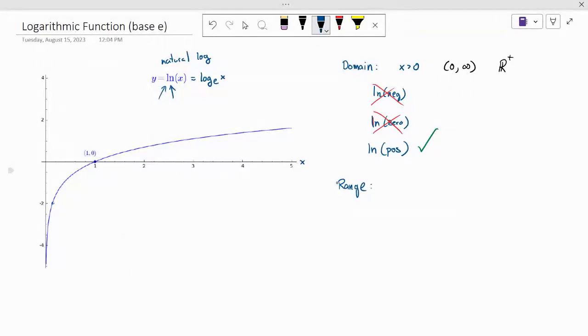For every y value on the y-axis, whatever y is, you can always draw a horizontal line and you'll meet the graph of the log somewhere. So all the y values are covered by the log graph, so to speak, so the range is all real numbers. Or the number line, or R. Awesome.